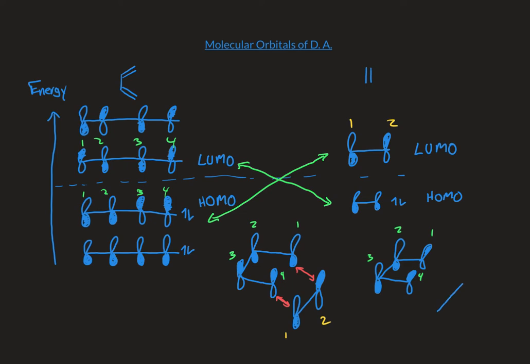For the alkene, again, I'm going to number my carbons 1 and 2. They are both shaded on the bottom. And so the HOMO of the alkene also overlaps well, or matches shading, of the LUMO of the diene.